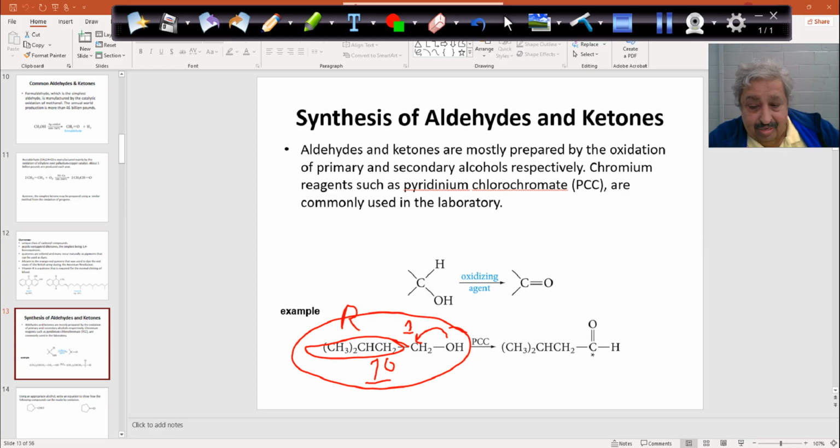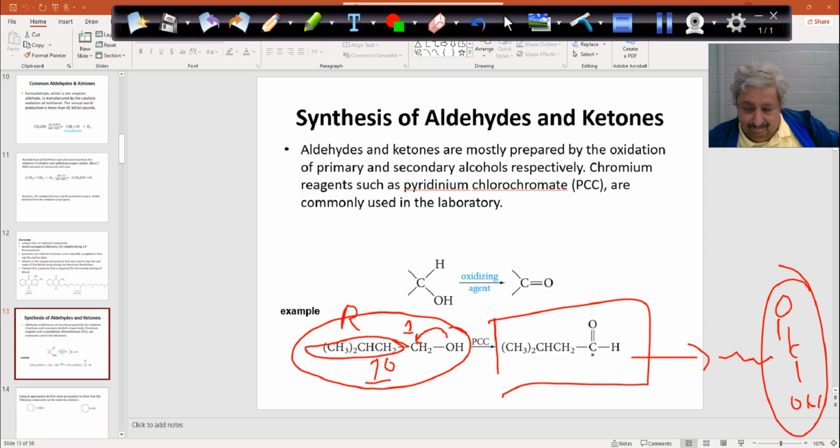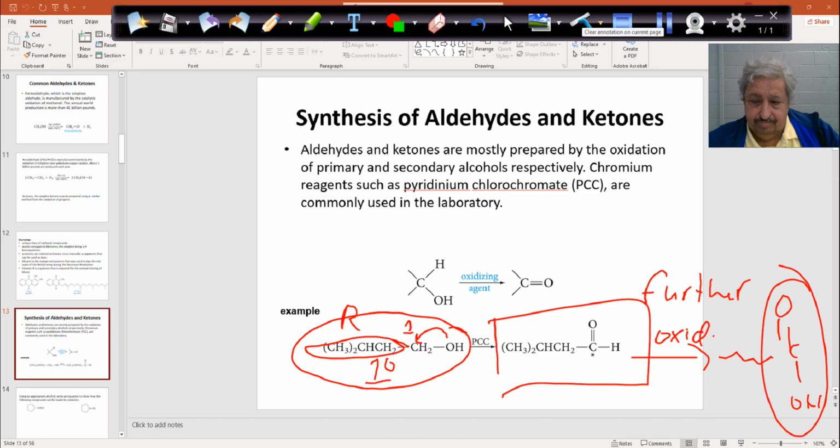Perfect. And that will give you what? An aldehyde. And then this one here can go further to give you carboxylic acid. This is the functional group of carboxylic acid. Correct. Further oxidation will give you the carboxylic acid. Correct, guys?